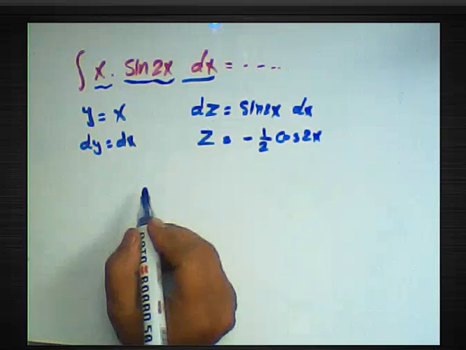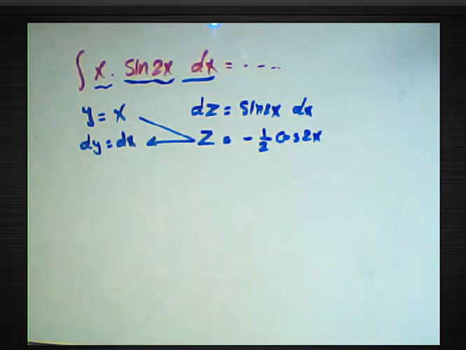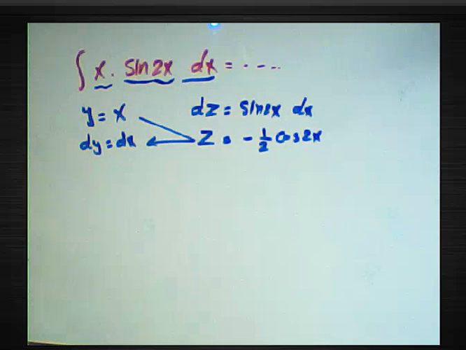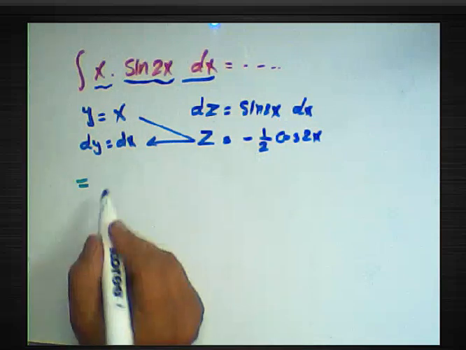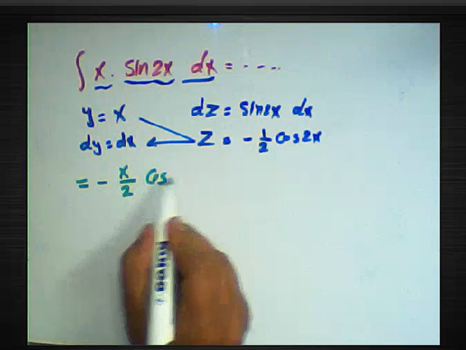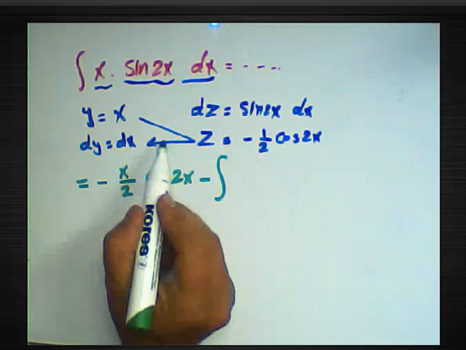or multiplied by half. Okay, so the next step here we can write the multiplication of x and this function. The result will be x multiplied by the function, negative x over 2 cosine 2x, subtract the integration of the multiplication of these functions.